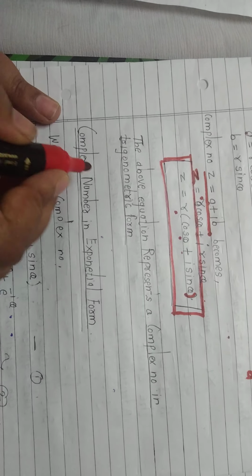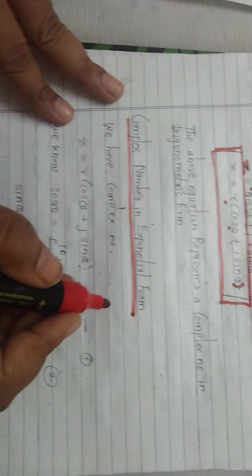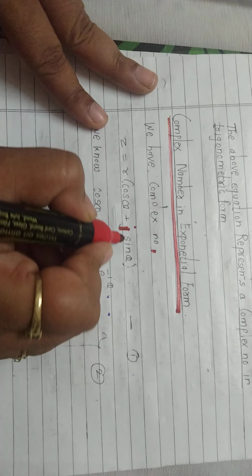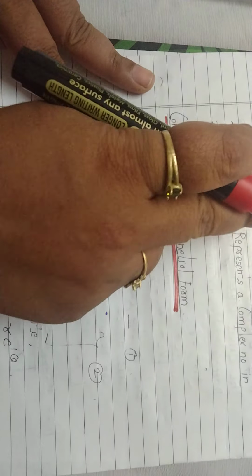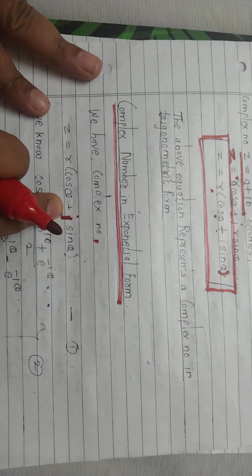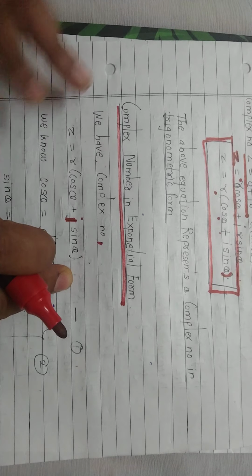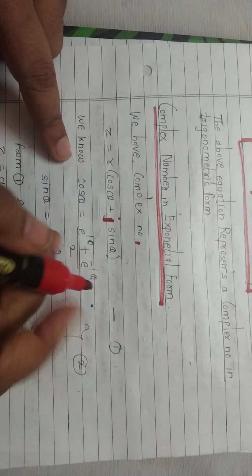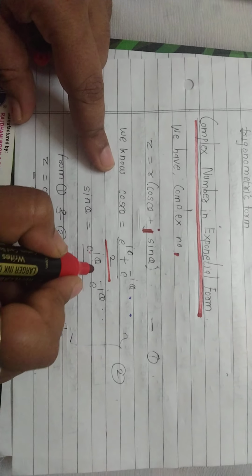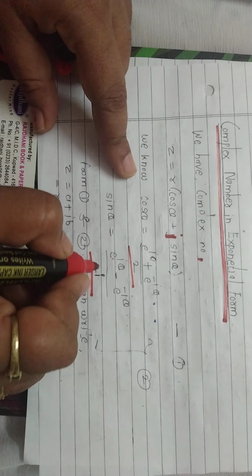Next, the complex number in exponential form. We have the complex number in trigonometric form: z is equal to r times cos theta plus i sin theta. We studied in 12th class that cos theta is equal to e raised to i theta plus e raised to minus i theta, by 2, and sin theta is equal to e raised to i theta minus e raised to minus i theta, by 2i.